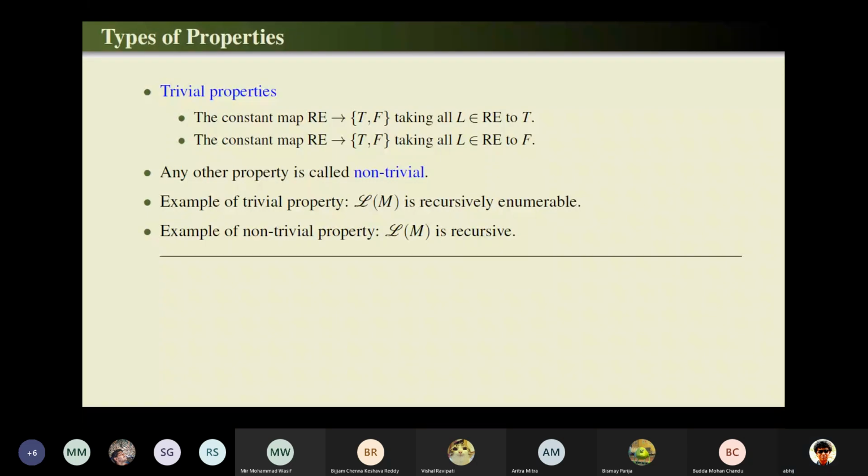Because, for example, phi or sigma star, these are recursive languages, so for these RE sets, this is true. Whereas if I take HP or MP, these are not recursive, although recursively enumerable. So this is a non-trivial property. Sometimes it is true, sometimes it is false.